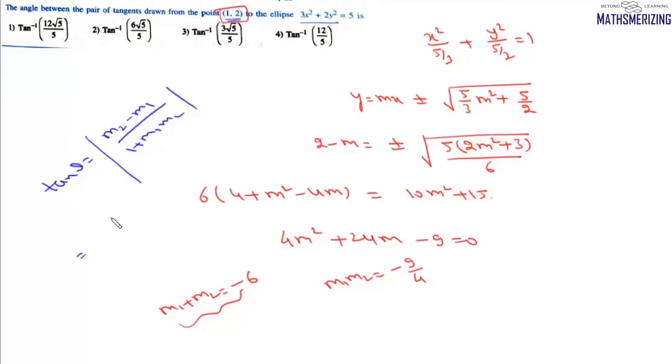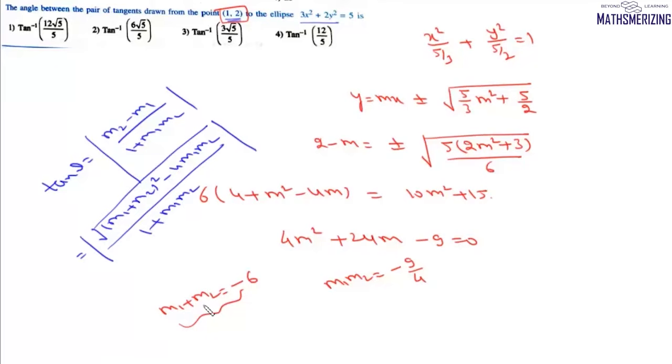Now we can write m2 minus m1 as the square root of (m1 plus m2) whole square minus 4 m1 m2, upon 1 plus m1 m2. Now we'll put the value of m1 plus m2 and m1 into m2. So we'll write this expression as under root of, now (m1 plus m2) whole square, so there'll be 36, and then minus 4 m1 m2, so there'll be plus 9, upon 1 plus m1 m2, so it'll be 1 minus 9 by 4.